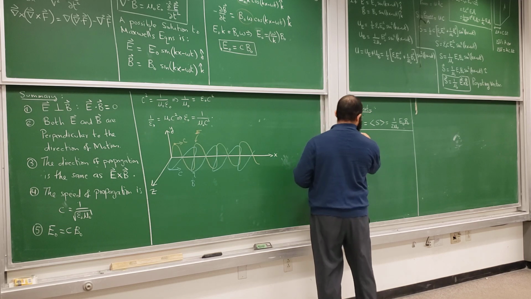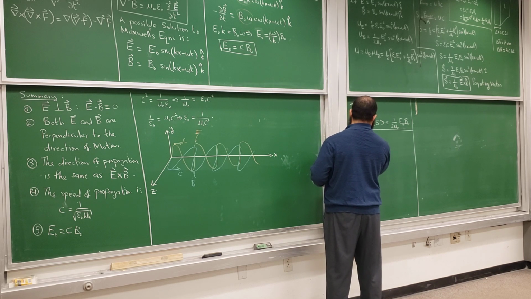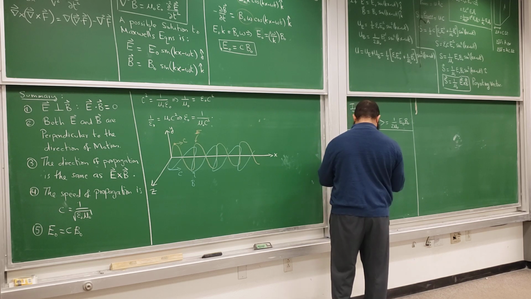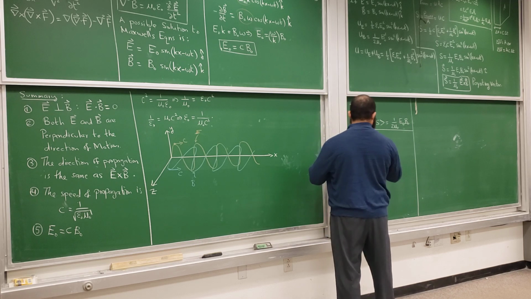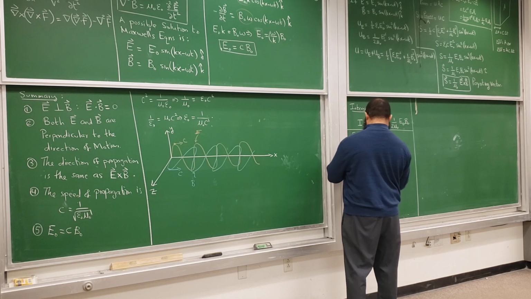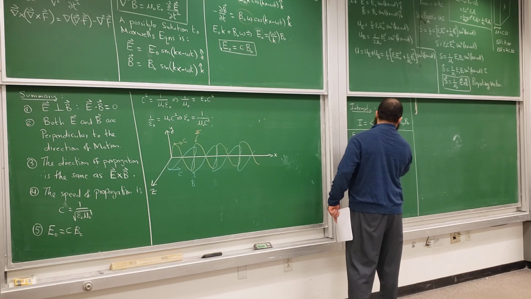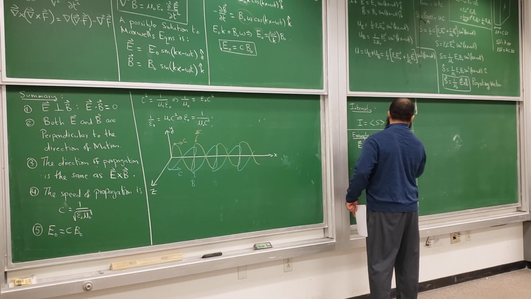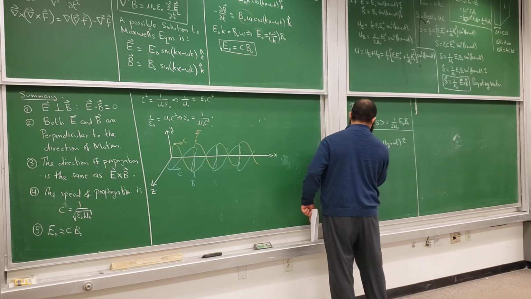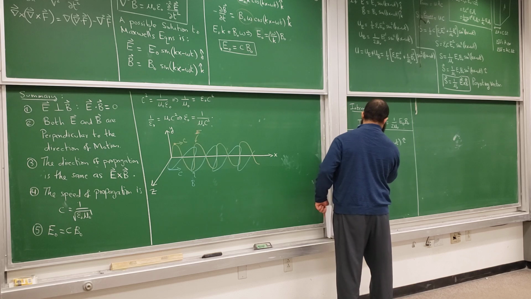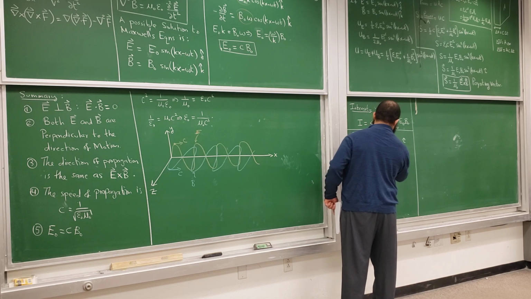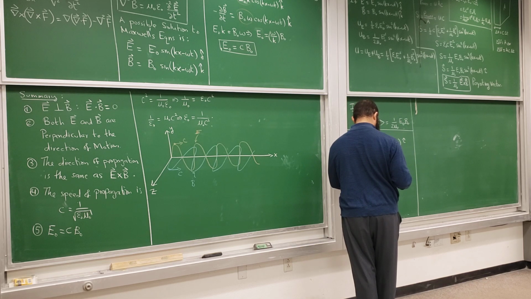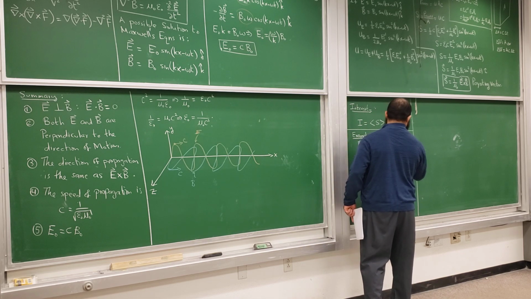So here's the example. You're given E equal to minus E naught sine of ky plus omega t times I hat, and then B equals minus B naught sine of ky plus omega t k hat.